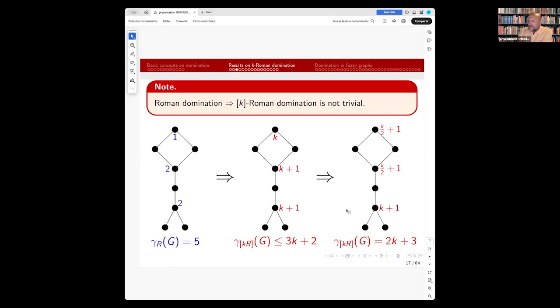It's not a function with a minimum weight, because we can consider, for example, k to be in this case even, and we can assign this label to these vertices, obtaining a function with minimum weight. So what I want to say is that the path from Roman domination to k-Roman domination is not a trivial one. So it is worth studying this problem, because we can obtain some interesting results.